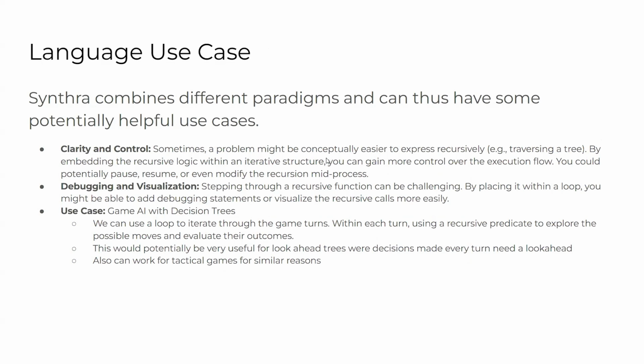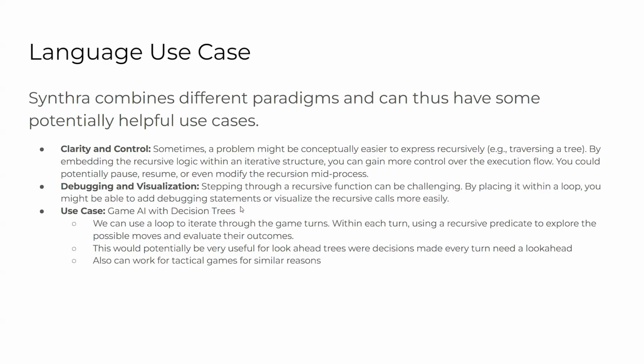So we can basically gain more control over the execution flow. And if there are some decisions that are made, we can potentially pause, resume, or even modify our recursion from the iterative calls. Because it will make the visualization easier, the debugging process will also become easier, because recursion is many times harder to debug than normal iterative code.